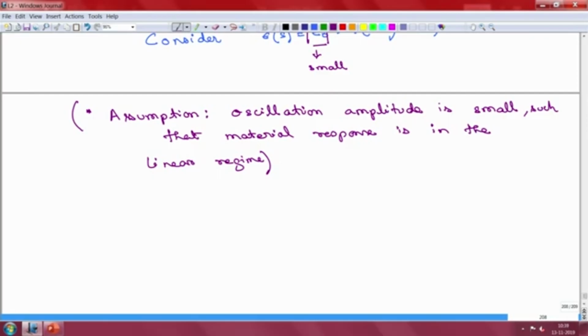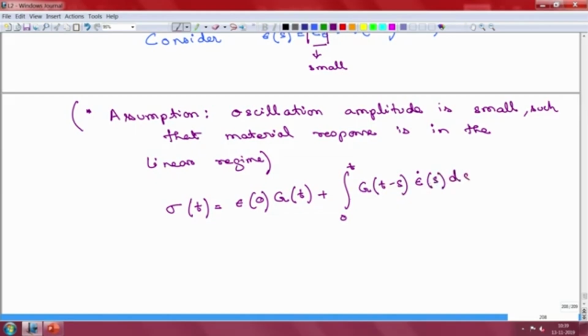Now that we have a sinusoidal strain, what is it that we are looking for? We are obviously looking for the output stress, right. We had seen the different generalized forms of stress, and for example, it can be written as epsilon at 0 into G(t) plus an integral, right. This was the convolution integral. It goes from 0 to t, and then you can have this G in the convolution form. Because this was a convolution, we could also switch these, right.